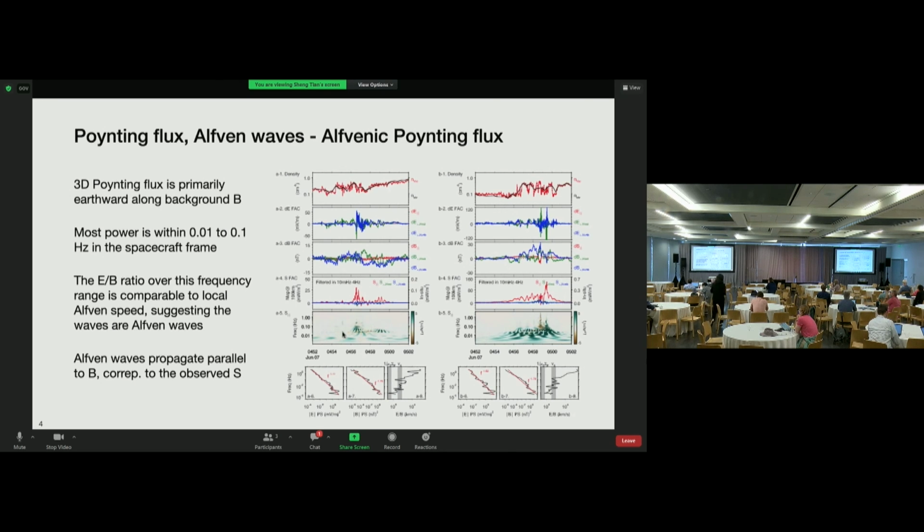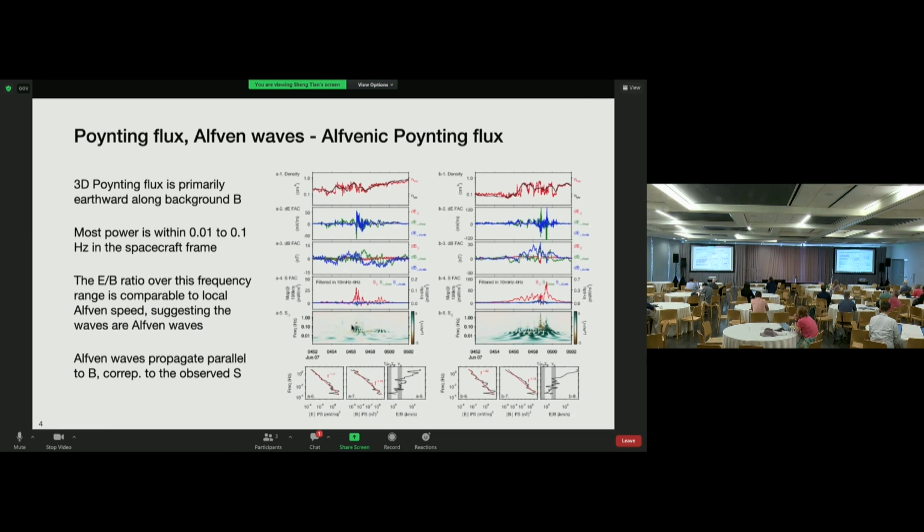And the next panel shows the time and frequency spectrogram of the parallel Poynting flux. You can see that most of the power is from 0.01 hertz up to 1 hertz, say. So this is a pretty low frequency range.